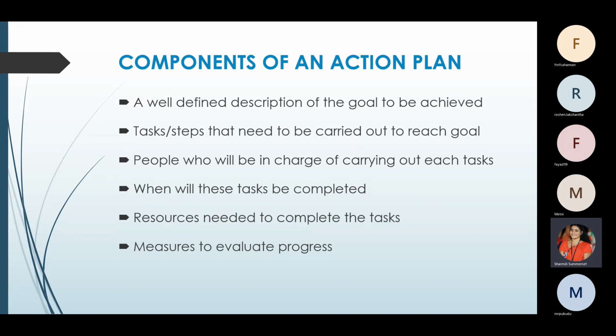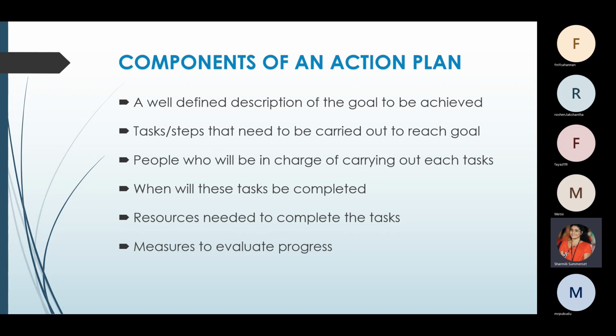So when we talk about the components, the elements of the action plan, a typical action plan will contain a well-defined description of the goal to be achieved. Yes. So first you need to define your goal. You need to be clear what your goal is, what you are going to achieve. If you are clear on your goal only, you can have a proper action plan.